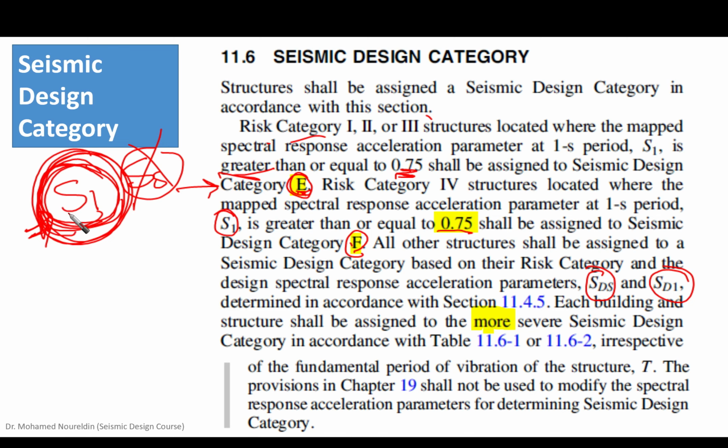So S sub 1 is a good parameter for the near source buildings, not S sub S. This is why they are talking about the 1 second period S sub 1 to designate E and F seismic design category. However, for all other seismic design categories, we use SDS and SD1, as you are going to see in this table.